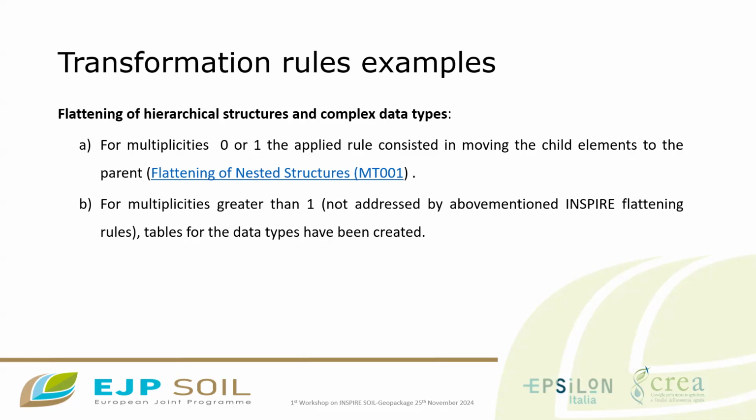When the multiplicity of the element was 0 or 1, the applied rule consisted in moving the child elements to the parent. That is, from the single INSPIRE ID attribute, for example, we derived three attributes: INSPIRE local ID, INSPIRE namespace, INSPIRE version. So this is an example of flattening, and flattening of a nested structure is one of the INSPIRE encoding-agnostic rules.